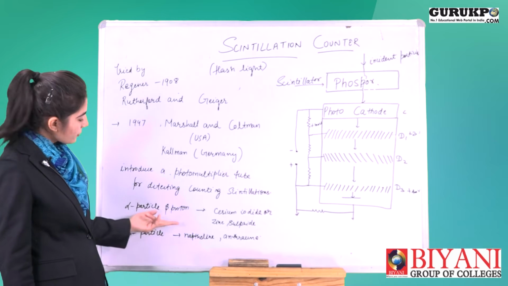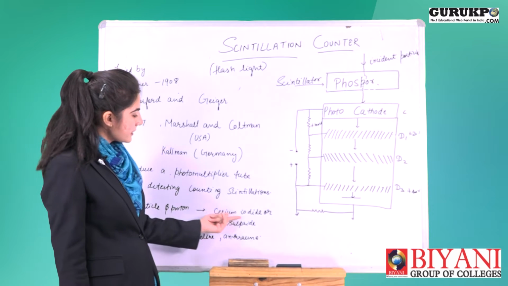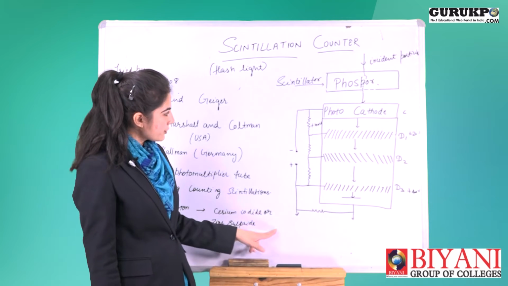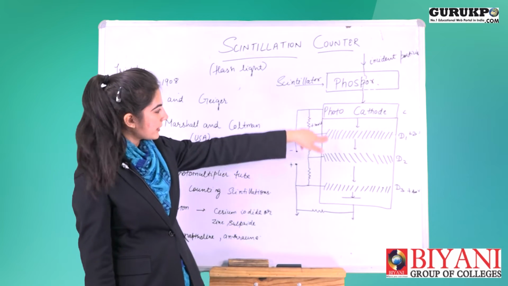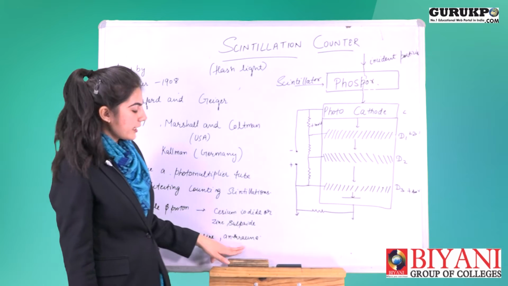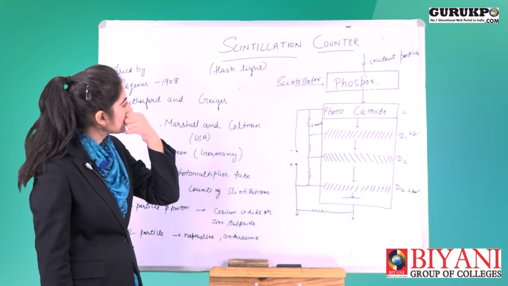For the detection of alpha particles and protons, cesium iodide and zinc sulfide materials are used, and for beta particles naphthalene and anthracene are used.